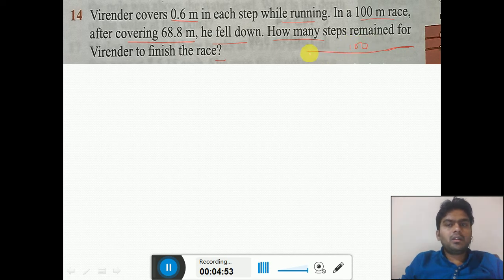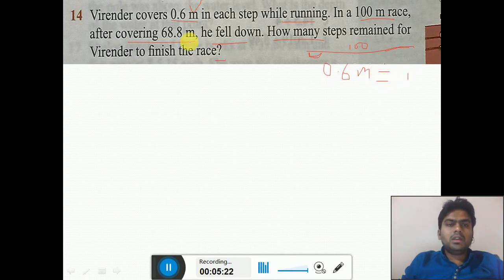Now in one step he covers 0.6 meter, meaning when he moves his leg from here to here, he covers 0.6 meter. Okay, now that means we can say in one step he covers 0.6 meter.